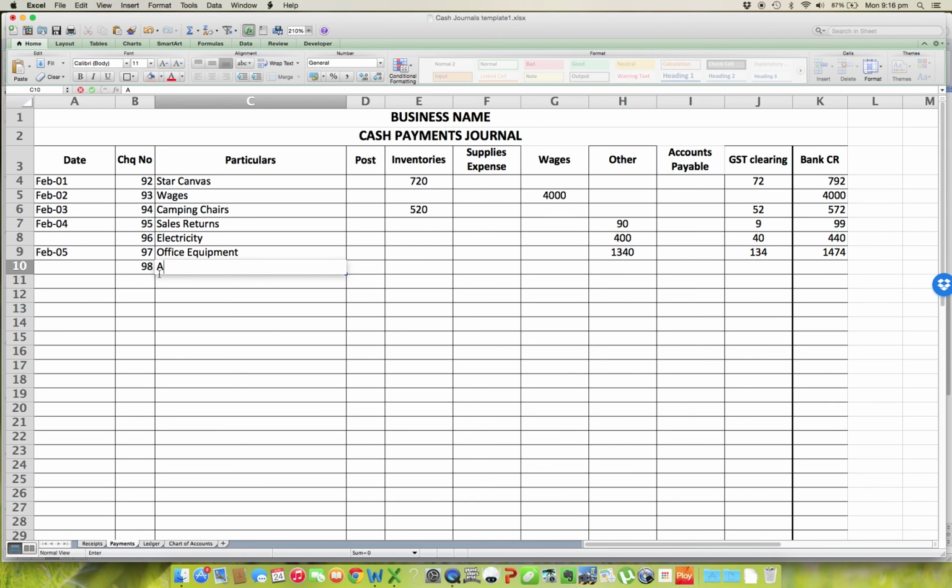Pop the particulars as accounts payable, El Papra, for $250. We don't pay any GST on accounts payable transactions, so it goes straight into our bank column. And we do have an accounts payable account down the middle there, so we can pop it straight in there. Okay, last thing we need to do is go through and do the totals, and that's all finished.